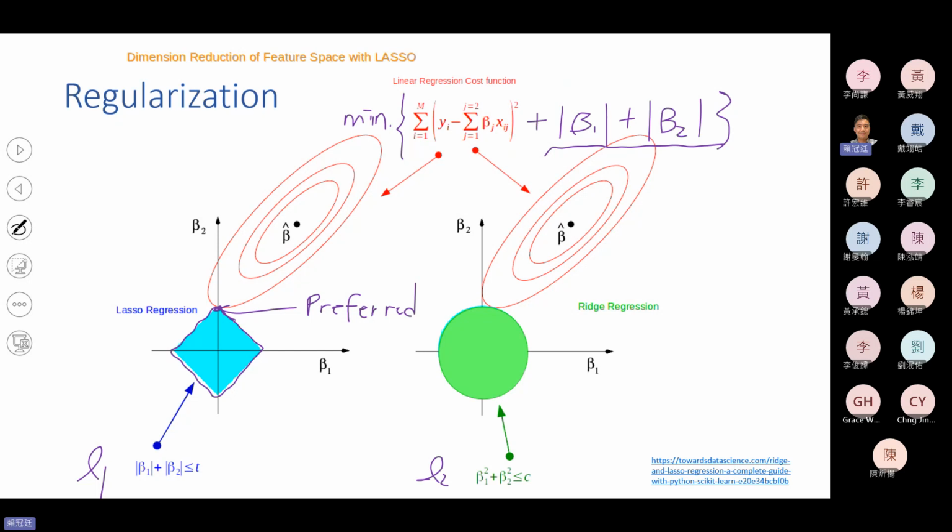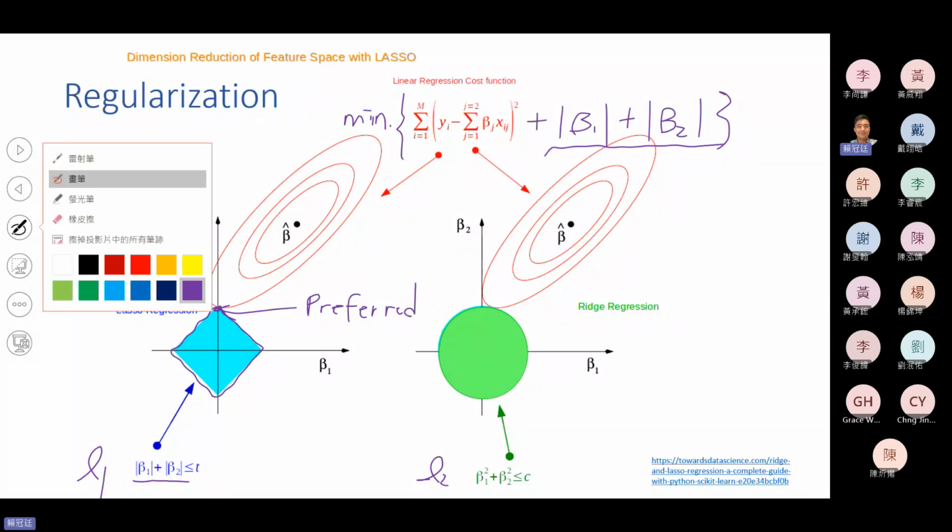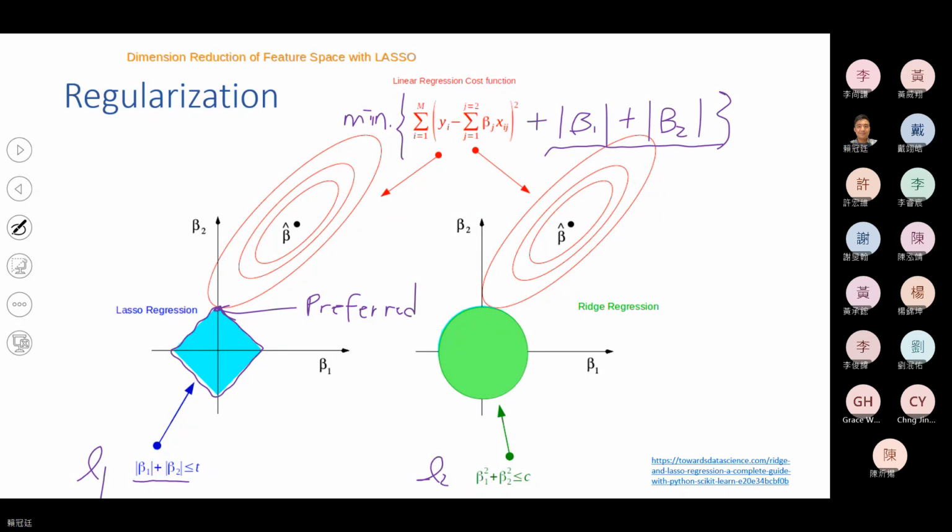And why do we have this picture? This picture shows that if we use the L1 norm, which is the absolute value of the weight, then it will look like a diamond shape. And if we use the L2 norm, then our regularization area will look like a circle.